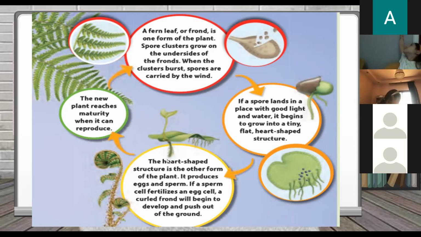Okay. When a frond gives you a fertilized egg, it will develop and it will push out of the ground. Okay? It will come up, up, up until it becomes a new plant and it reaches the full size. When it reaches the full size, what do we call it?